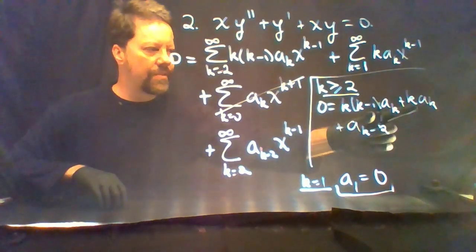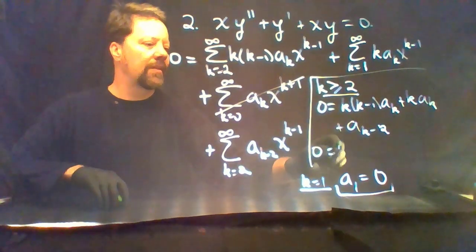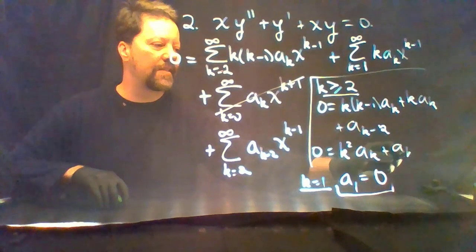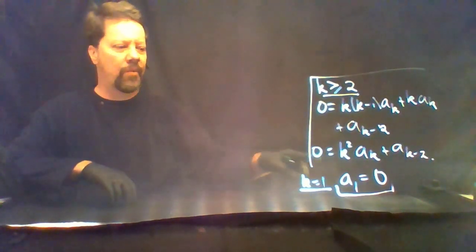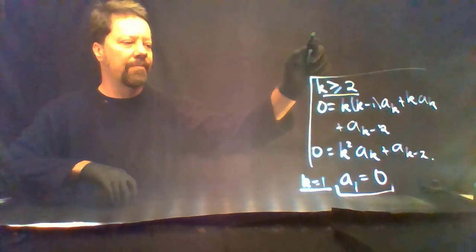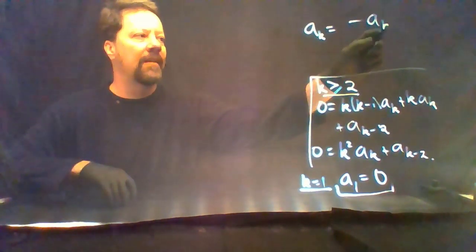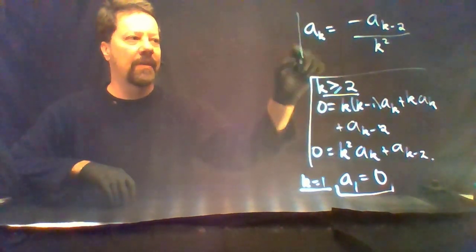The first two terms can combine, and we'll get 0 equals k squared a sub k plus a sub k minus 2. We now have the requisite recursion relation. A sub k is minus a sub k minus 2 divided by k squared.